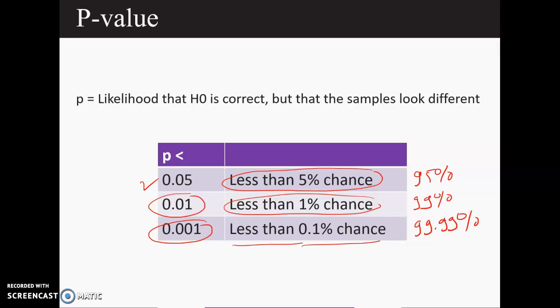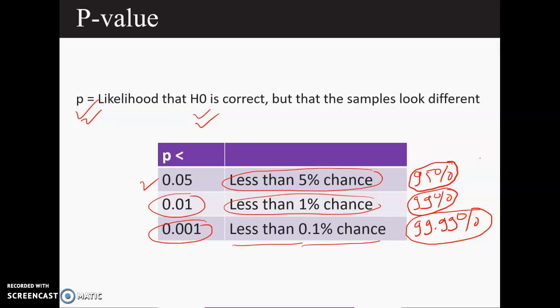So you are saying that you are 95% confident that something is true or false. You are 99% sure that H0 is false or H0 is true. You are 99.9% sure or confident that H0 is true or false.